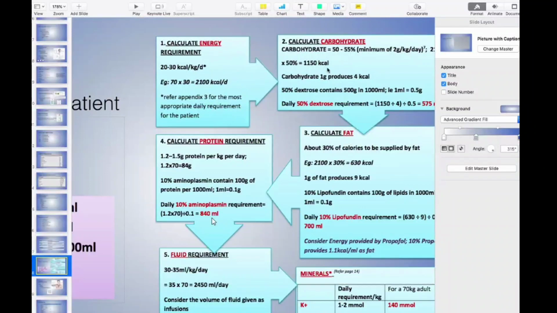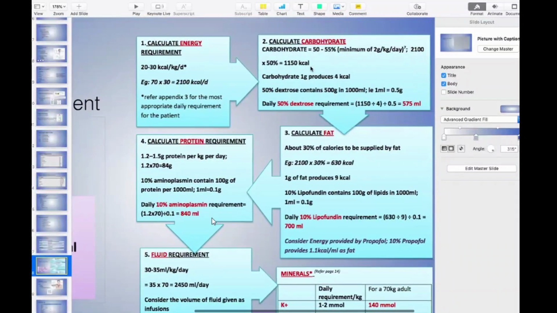Here it's kilocalories. You have to convert it to grams. 1 gram of carbohydrate produces 4 kilocalories. So to get how many grams of carbohydrate you need, you have to divide this by 4 kilocalories.